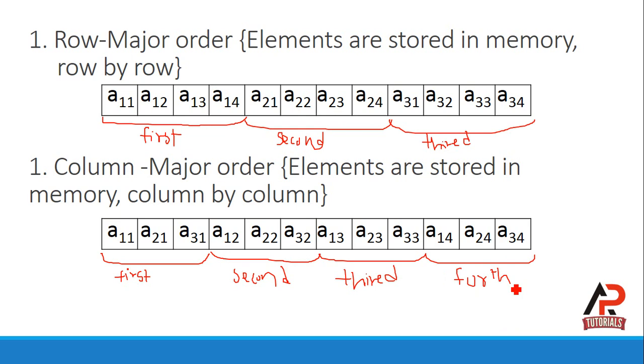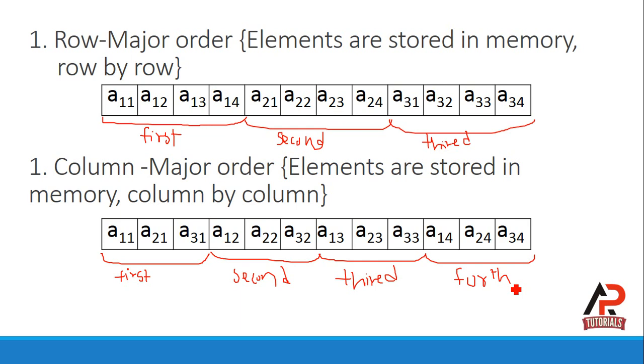So in row major order, first row, second row, third row are stored. If you consider column major order, you take like this: A11, A21, A31. Next the second column is stored, column by column: A12, A22, A32.